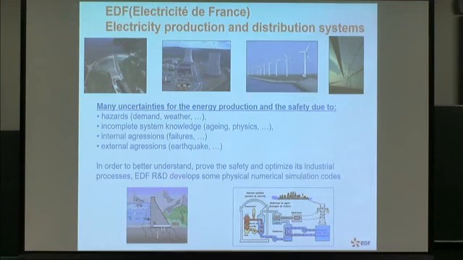So in order to better understand, EDF has a big research and development division of 2,000 people approximately. And a lot of these researchers develop numerical simulation codes to be able to simulate what can happen in these systems.